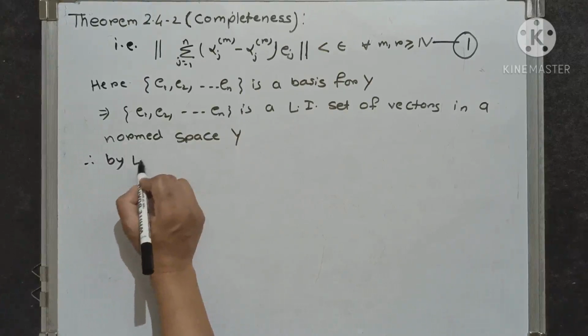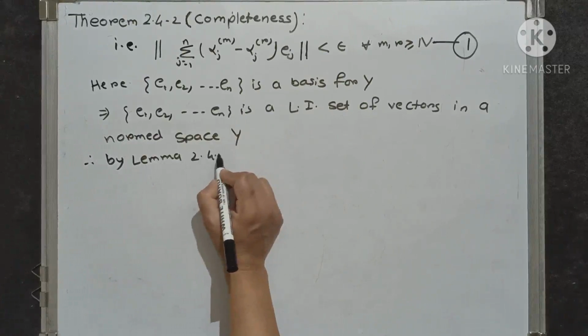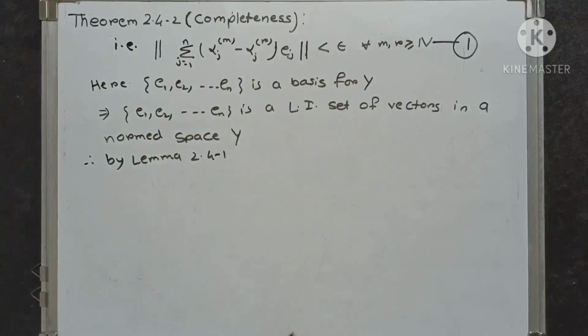And therefore by lemma 2.4.1, that lemma says that for every linearly independent set of vectors there exists c greater than 0 such that norm of alpha_1 x_1 plus alpha_2 x_2 up to alpha_n x_n is greater than or equal to c into in bracket mod of alpha_1 plus mod of alpha_2 up to mod of alpha_n.